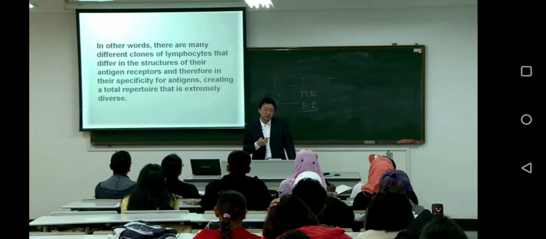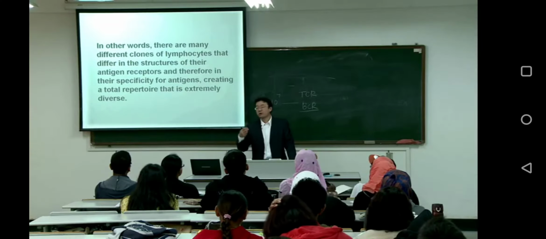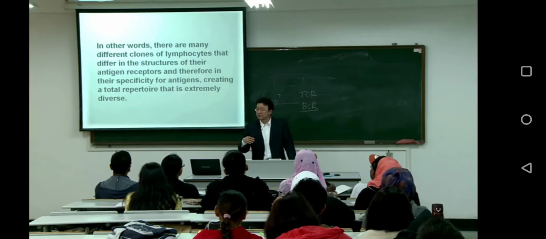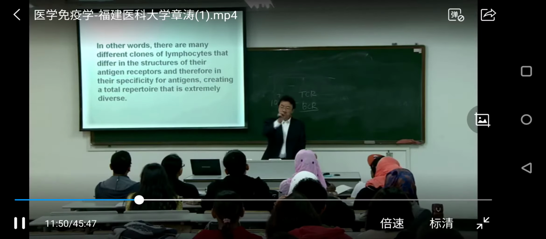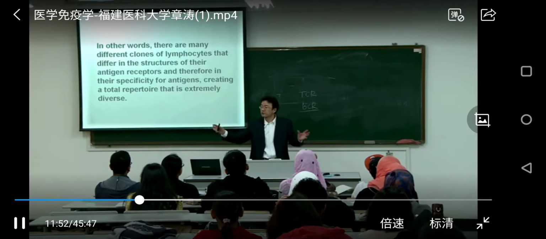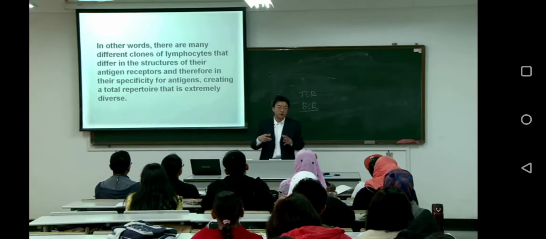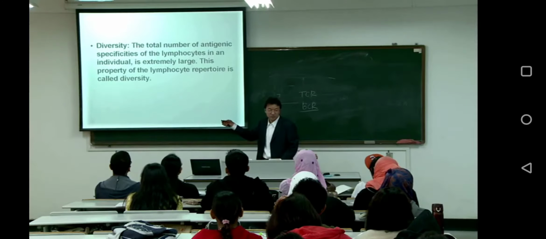When you got the shot, the vaccine of the HBV, or got the shot for an HIV or other vaccine, so many different kinds of specific immune responses form the diversity.